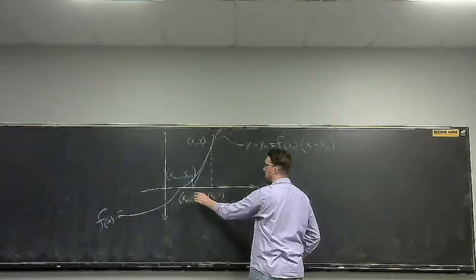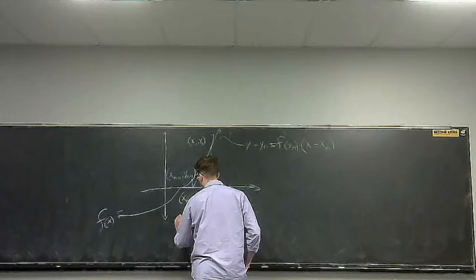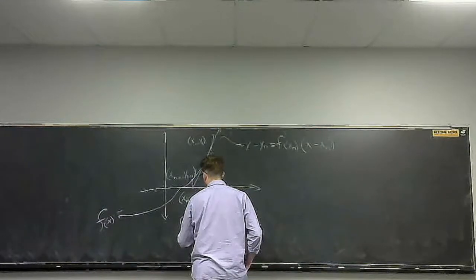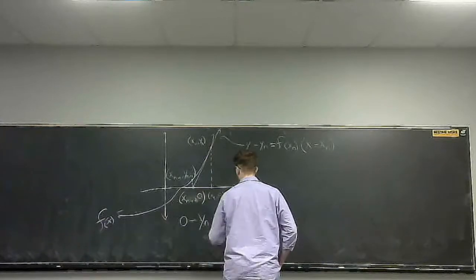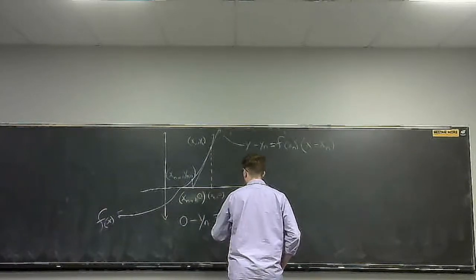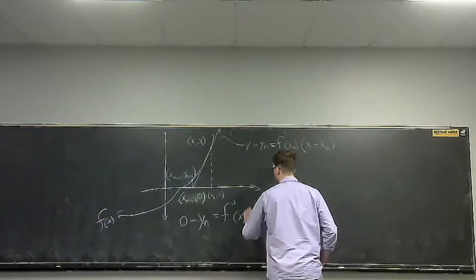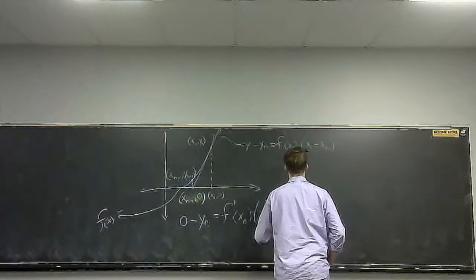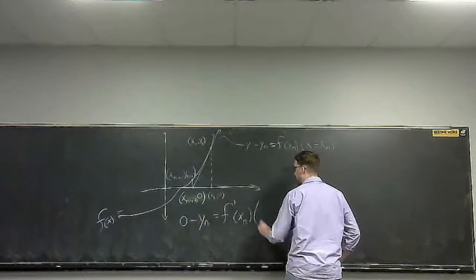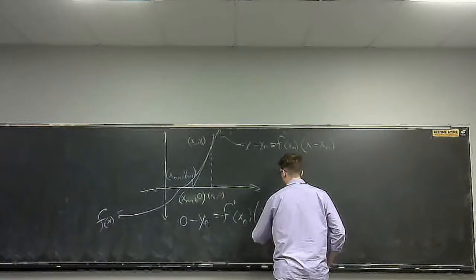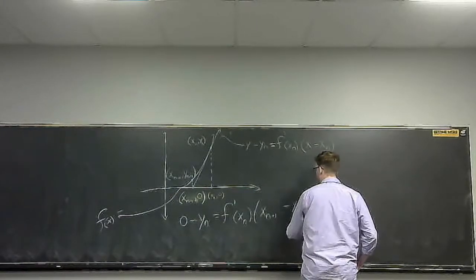If we follow this all the way down to where y is equal to 0, this is going to look like 0 minus yn is equal to f prime at xn times, well, our x value is xn plus 1, minus xn.